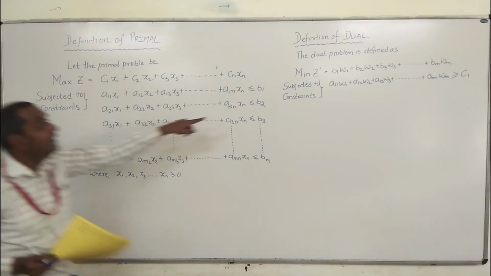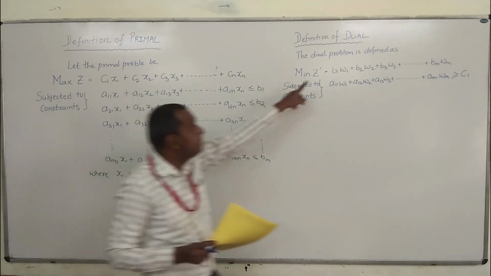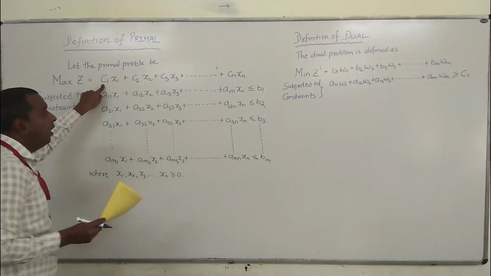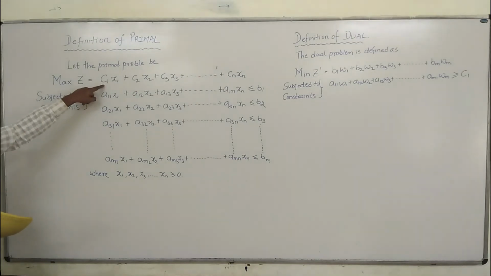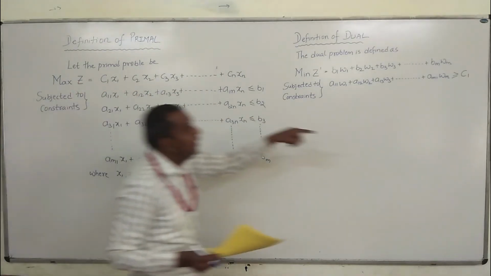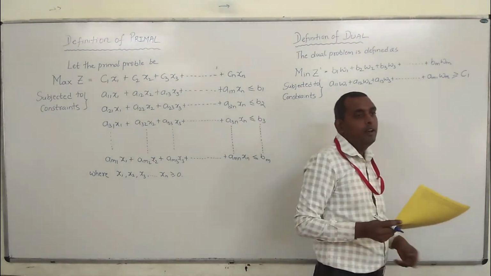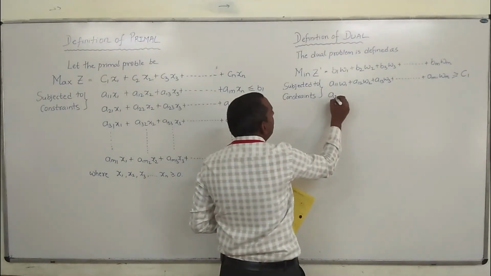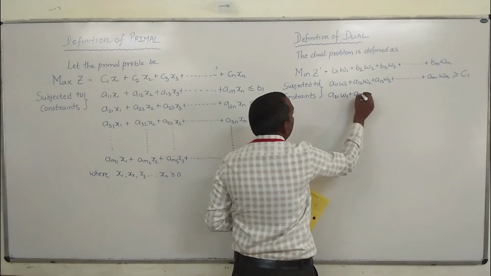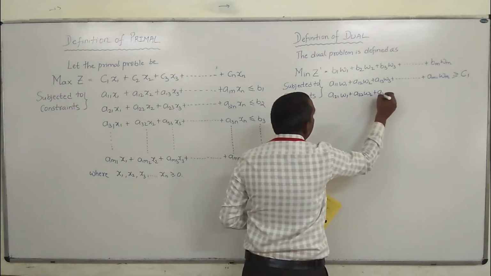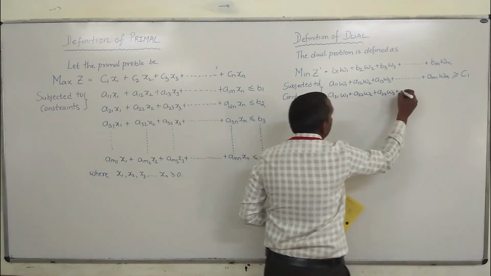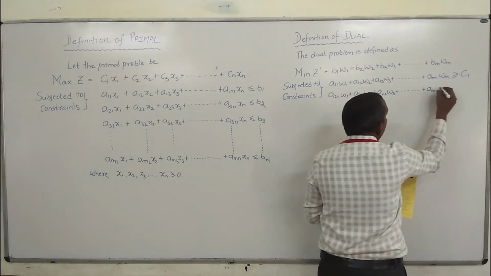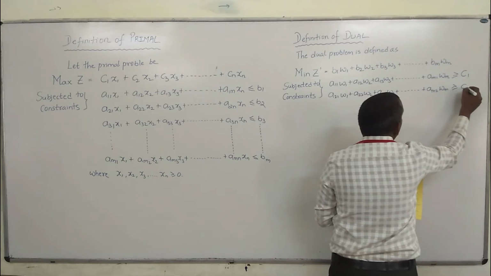So what happens here? These b1, b2, b3 come into the objective function, whereas the coefficients in the objective function of the primal act like c1, c2, c3 on the right hand side of the constraints. Let me continue: a21 w1, a22 w2, a23 w3 and so on, plus am2 wm greater than or equal to c2.